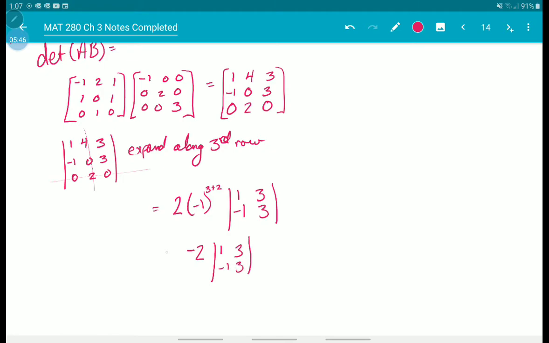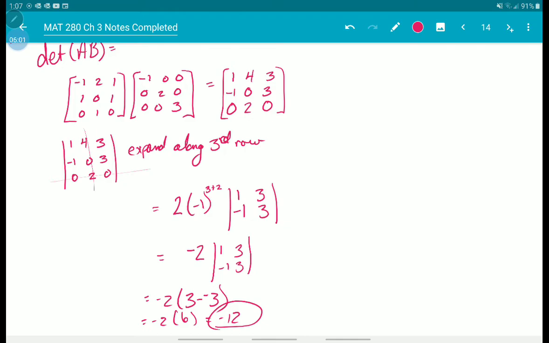Times that. So we're going to have 3 minus negative 3, which is negative 2 times 6, which is a negative 12. So you're going to get the same answer either way.